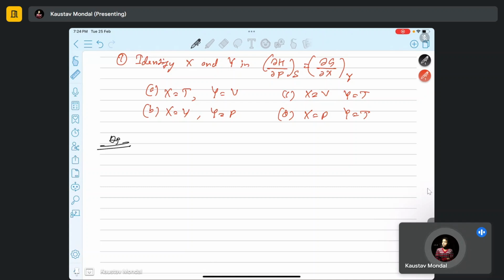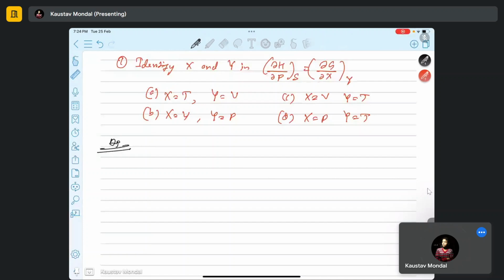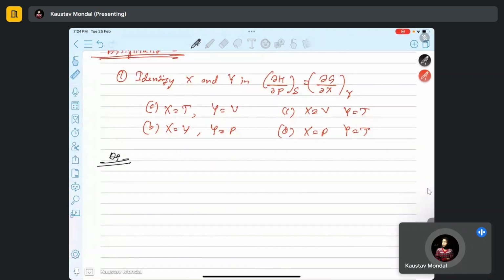Now how can we solve this problem? H here means the enthalpy, right? So first, the enthalpy expression you already know: H is equal to U plus PV.